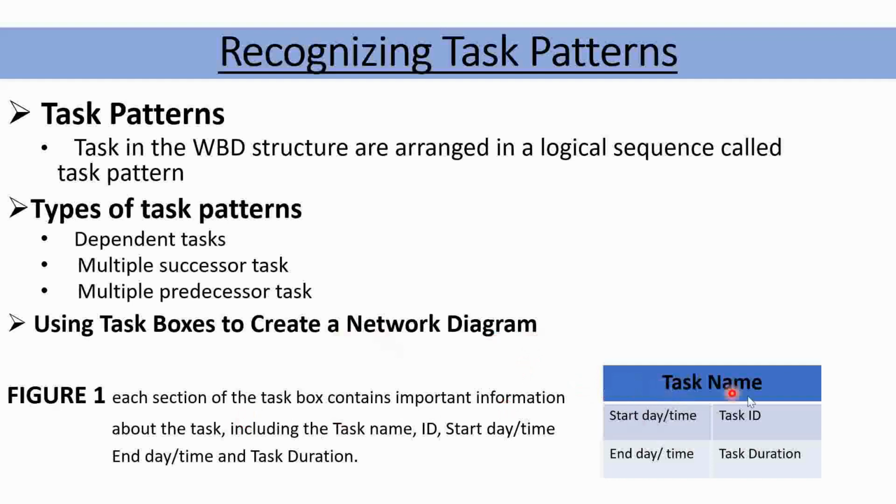It contains the task name on the bar on top, the start day or time, the end day or time, the task ID, like a number, we can say ID1, ID2 to identify the task, and the task duration, which is how long the task will take, right? Figure 1: each section of the task box contains important information about the task, including the task name here, task ID here, task start day here, task end day here, and the task duration here.